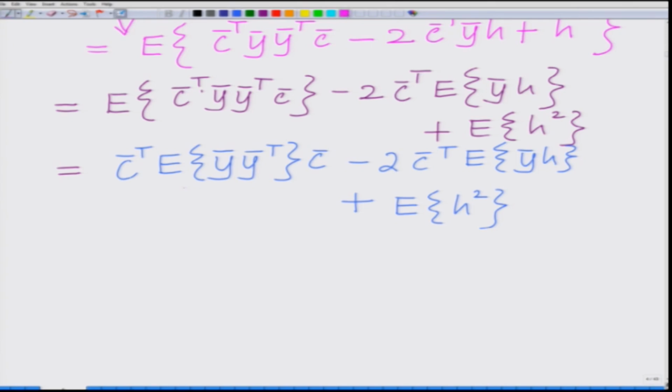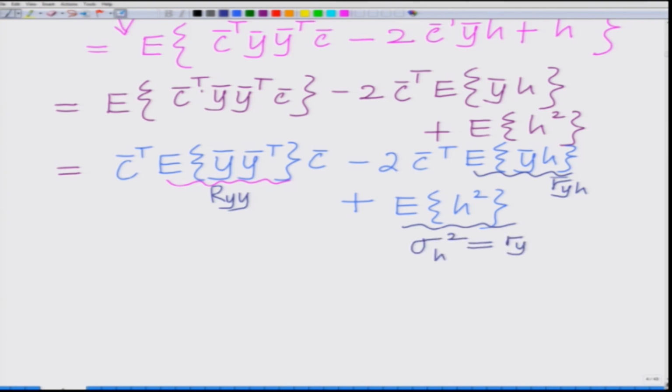Realize that the expected value of Y bar Y bar transpose is nothing but your R y. The expected value of Y bar H is a vector, r y H. The expected value of H square is simply sigma H square.